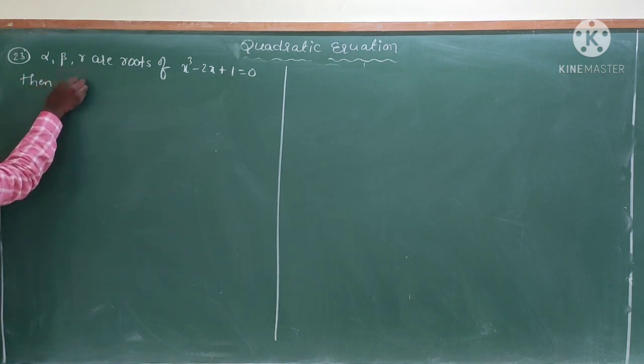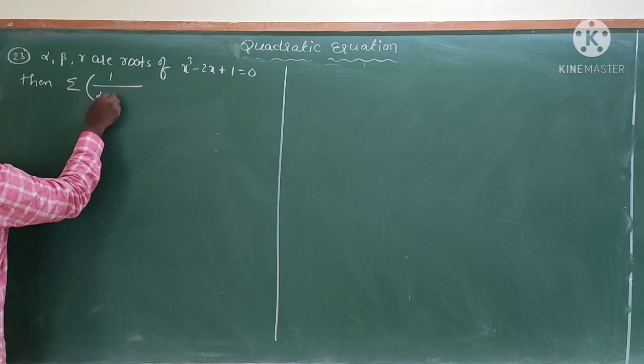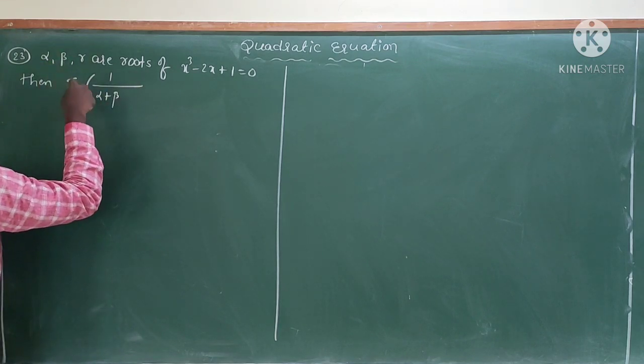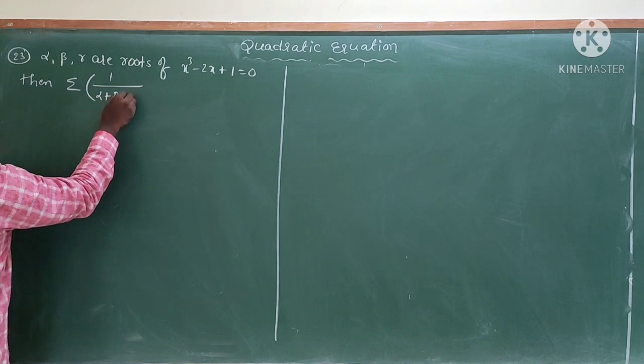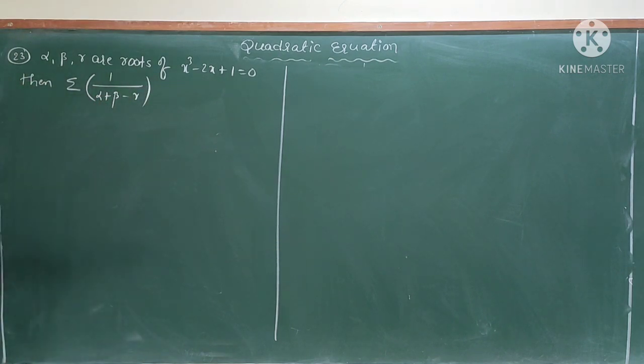Then sigma 1 by alpha plus beta minus gamma, this value we need to find.